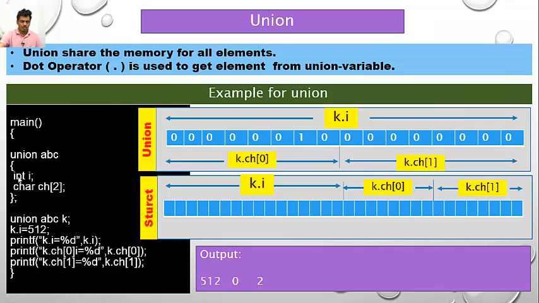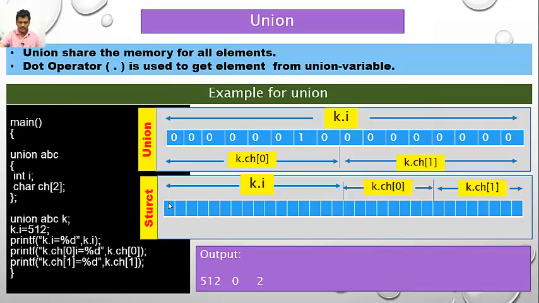Example: integer i requires 2 bytes. Character array ch of 2 locations, each location 1 byte, also requires 2 bytes. If it is a structure, it occupies 4 bytes, because 2 bytes for i, then again 2 bytes for ch. So the memory mapping of the structure is totally 4 bytes.